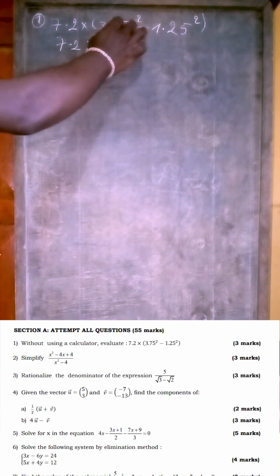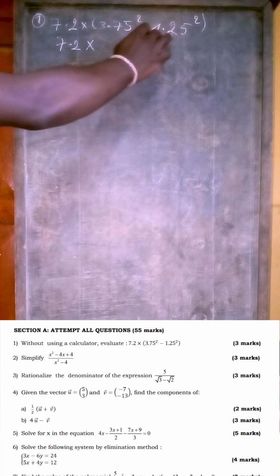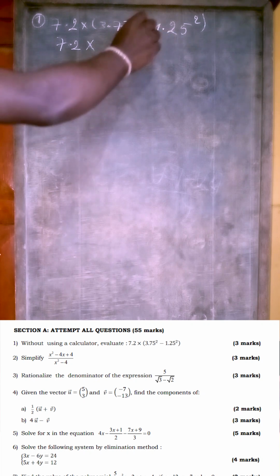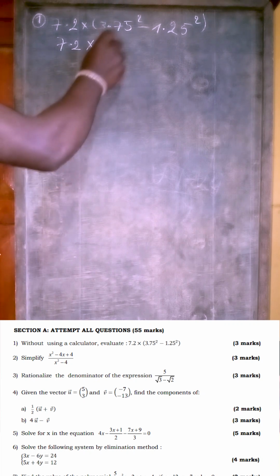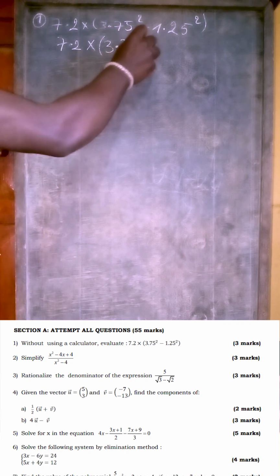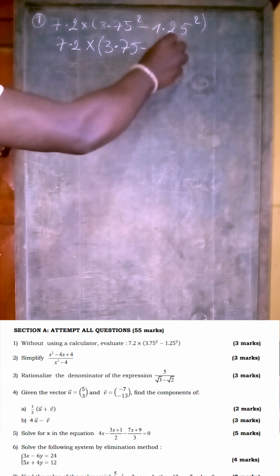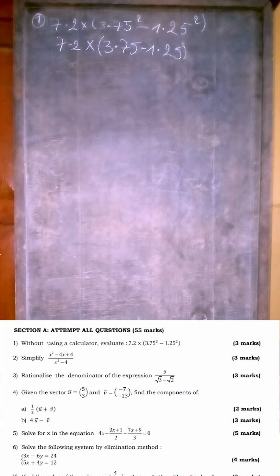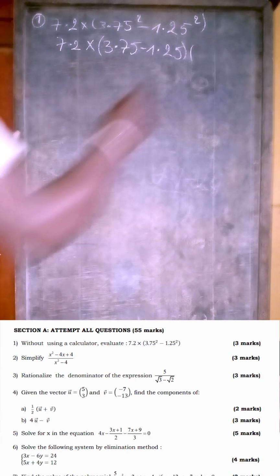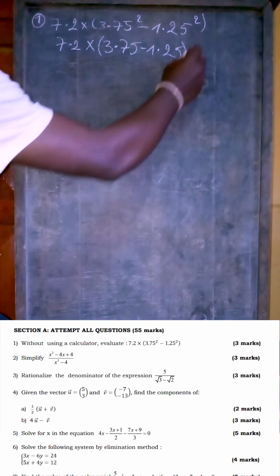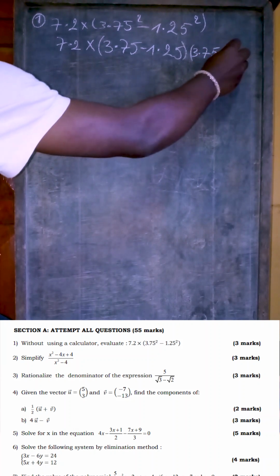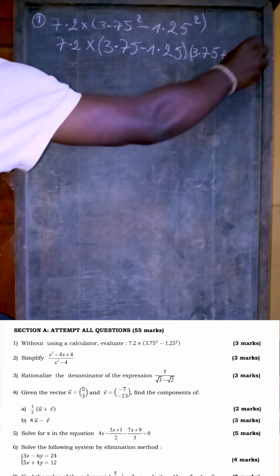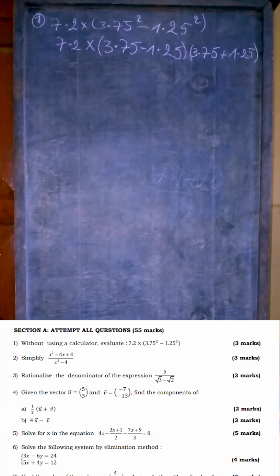We have a number which is squared minus another number which is squared, which means we can use factorization: (3.75 minus 1.25) times (3.75 plus 1.25). And then we continue.